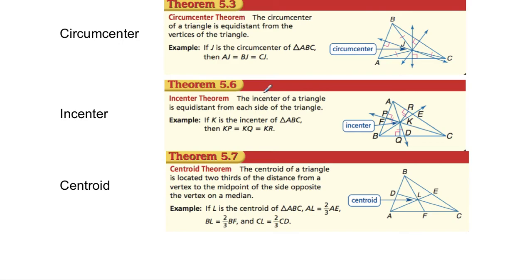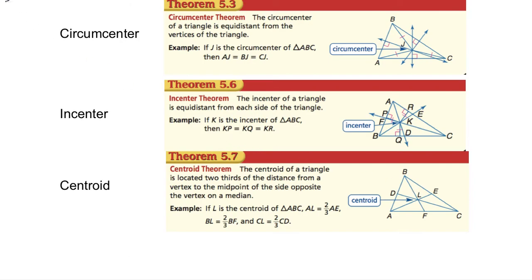The in-center theorem says the in-center is equidistant from each side. So while the circumcenter is equidistant to each vertex, the in-center is equidistant to each side. Now the centroid theorem is cool because it says that the centroid is located 2/3 of the distance from a vertex to the midpoint of the opposite side.